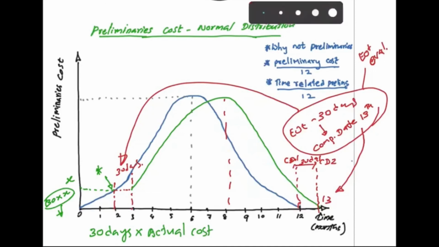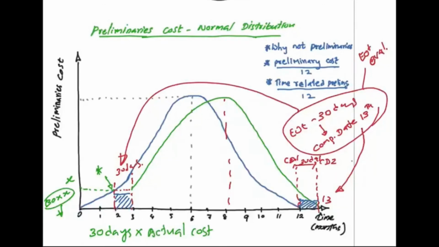Suppose the actual cost of preliminaries at this point is this much, and if someone gets the actual record of the contractor's preliminaries at the last month of the project, suppose it's exactly an average here, it will be this portion. So it is not fair to the contractor, as the cost is very little.